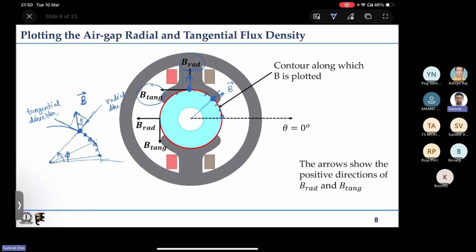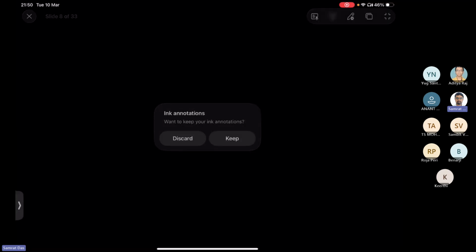For the flux lines, like this is the south pole, this is the north pole. For this case, I am discussing the flux density. You can understand the direction will be outward. So that is why at this location, like theta equal to 90 degrees, we expect the B radial sign to be positive.